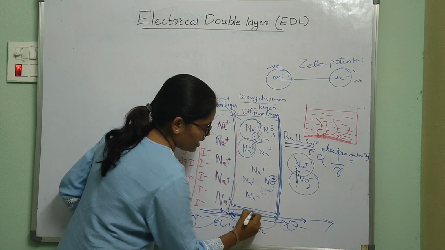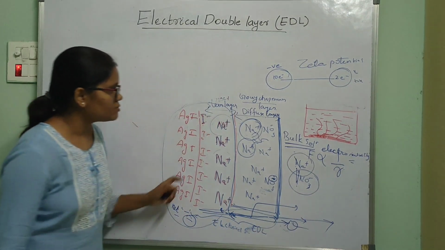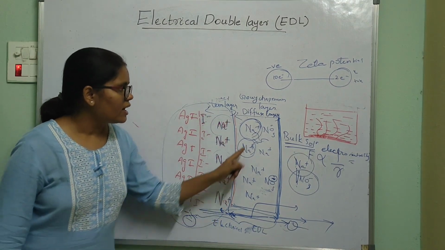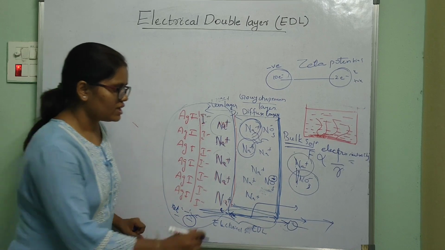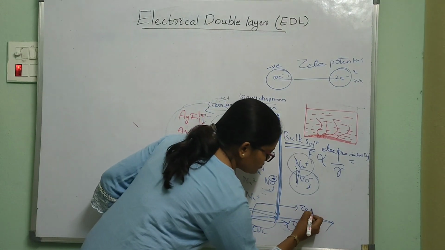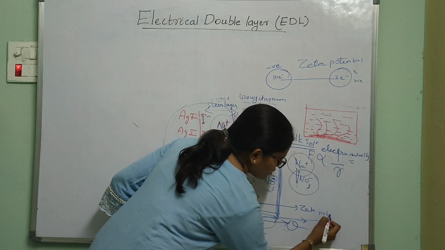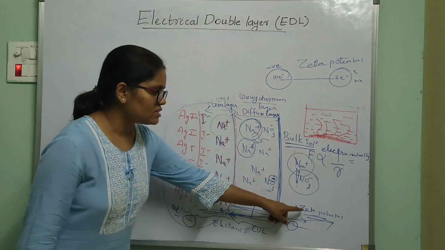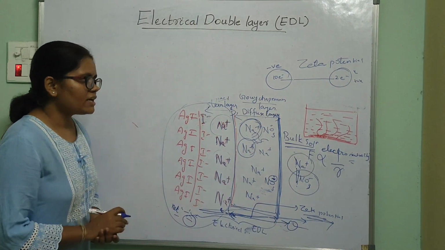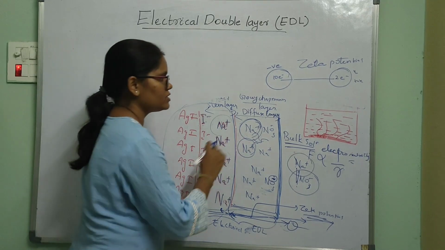And this potential difference between the Stern layer and the end of the diffuse layer is called zeta potential. So this zeta potential determines the stability of your colloidal solutions.